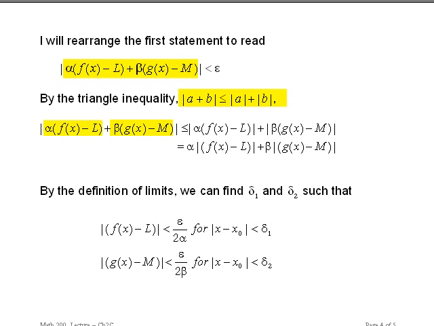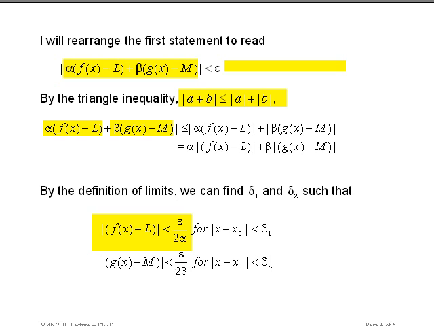By the definition of a limit, since L is the limit of f, then for any epsilon, we can find a delta. So I'm going to choose the epsilon to be the epsilon from the problem up here and divide it by 2 alpha. If I set this for my limit, f minus L is less than epsilon over 2 alpha, then I would be able to find a delta.